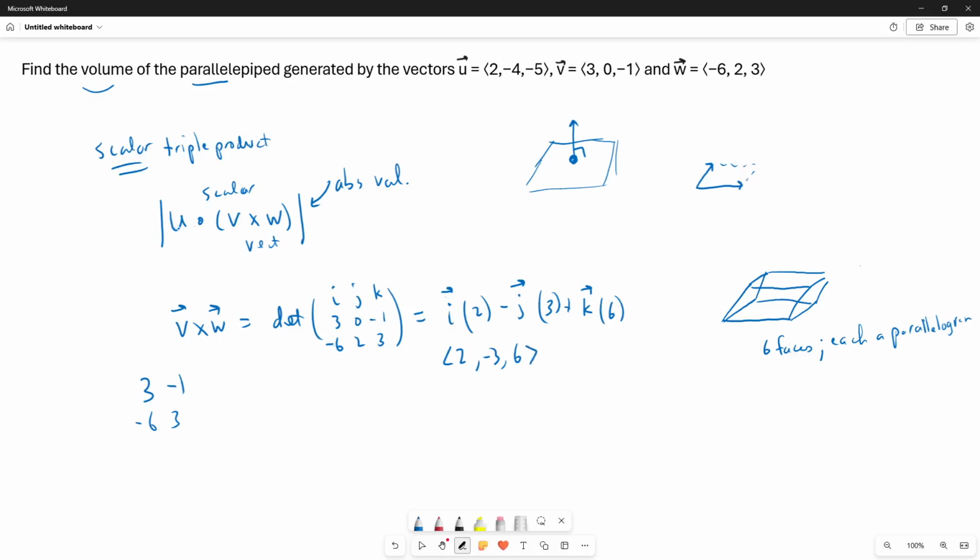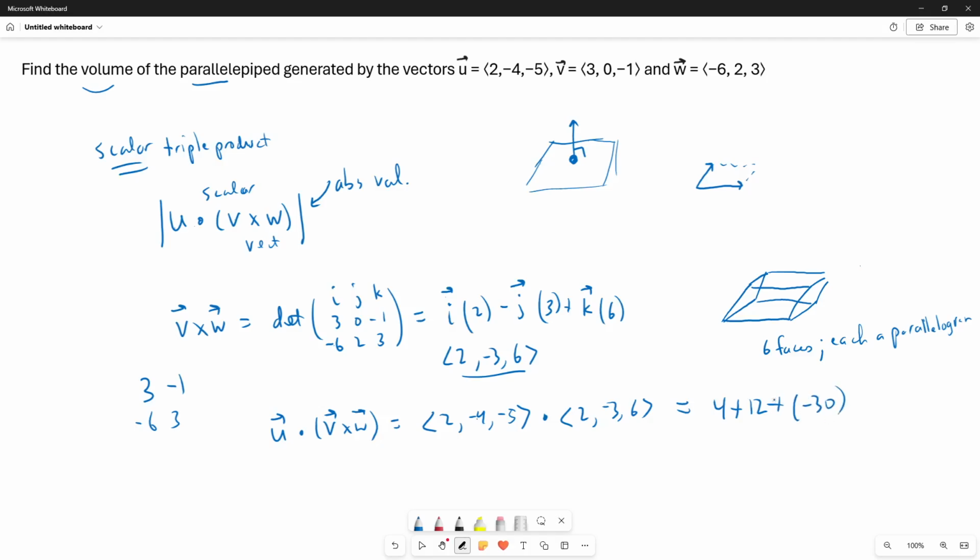And now we have to dot that with U. So U, which is given, dotted with V cross W, is equal to 2, negative 4, negative 5, dotted with 2, negative 3, 6. That was our V cross W. And this dot product is 4 plus negative 4 times 3 is 12 plus negative 5 times 6 is negative 30.